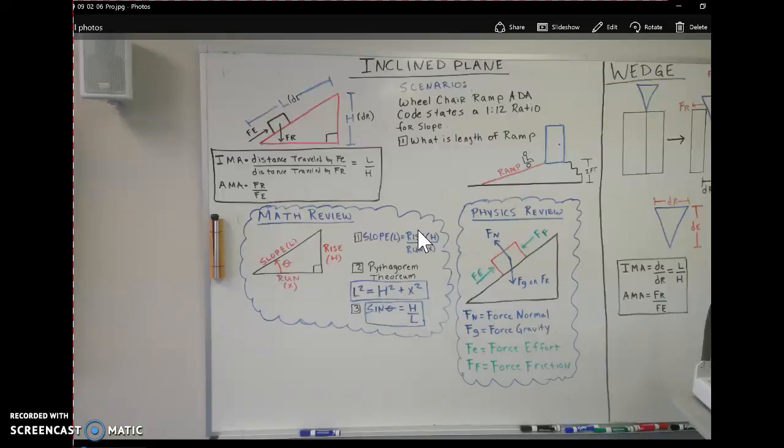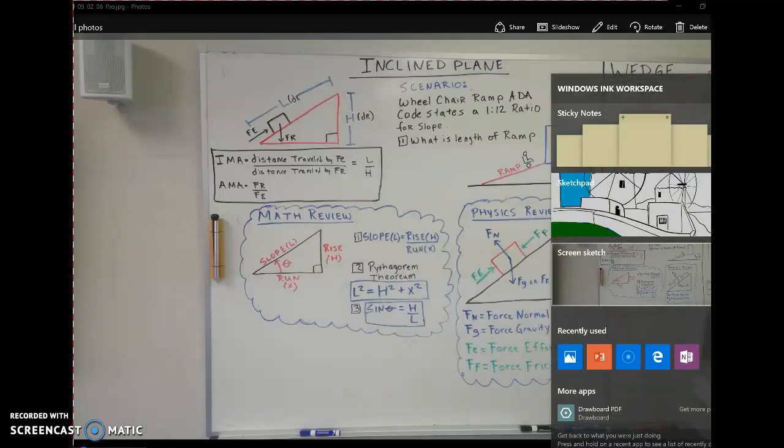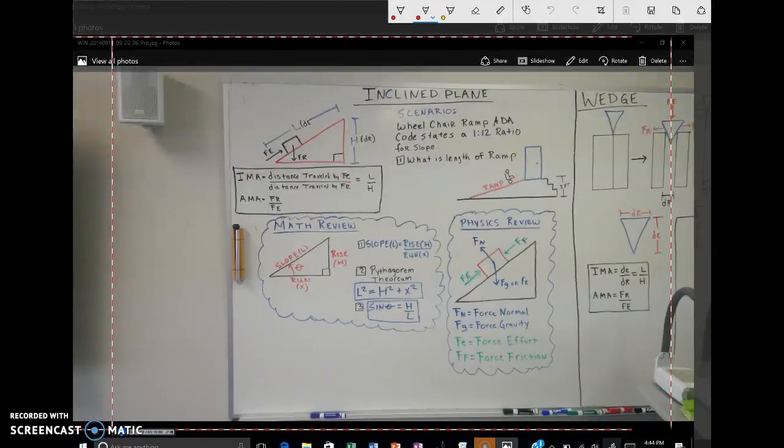Sometimes you're not always going to be given the slope or the L, and you're not always going to be given what we call the rise or the H. So we said earlier, remember that this is going to be the DE, and this was going to be your DR. Well, you're not always going to be given the L or the H. Sometimes you have to solve for that, okay?